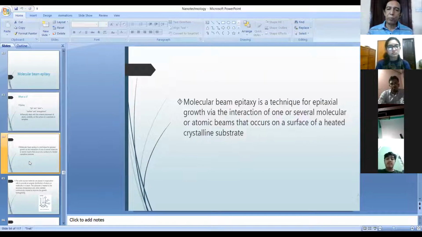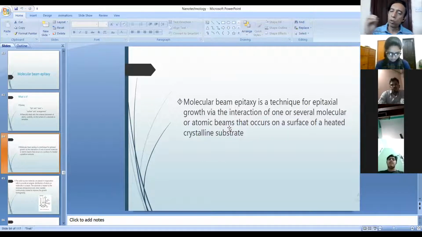So molecular beam epitaxy is a technique for epitaxial growth, that means crystalline growth, via the interaction of one or several molecular or atomic beams.